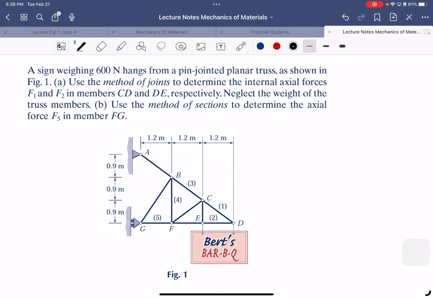Now, method of joints, method of sections. If you're not familiar with the names or they are difficult to process, you can ignore them and just focus on what the question is really asking. The question is asking CD and DE.